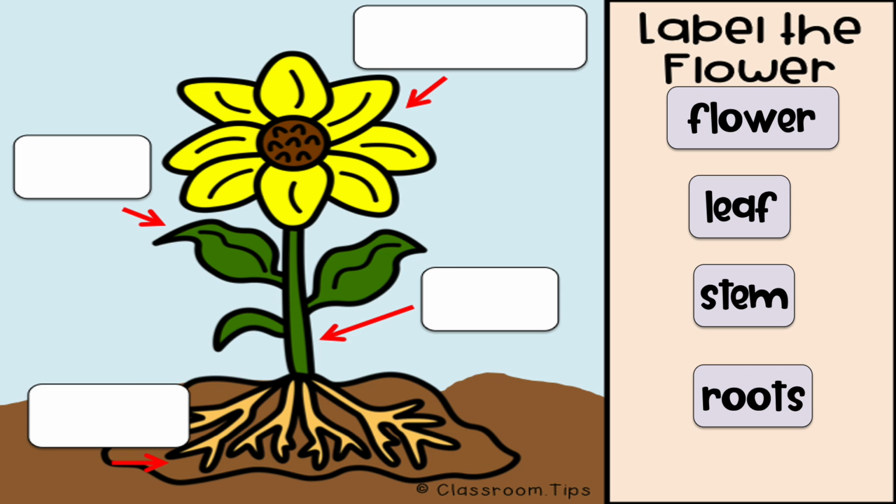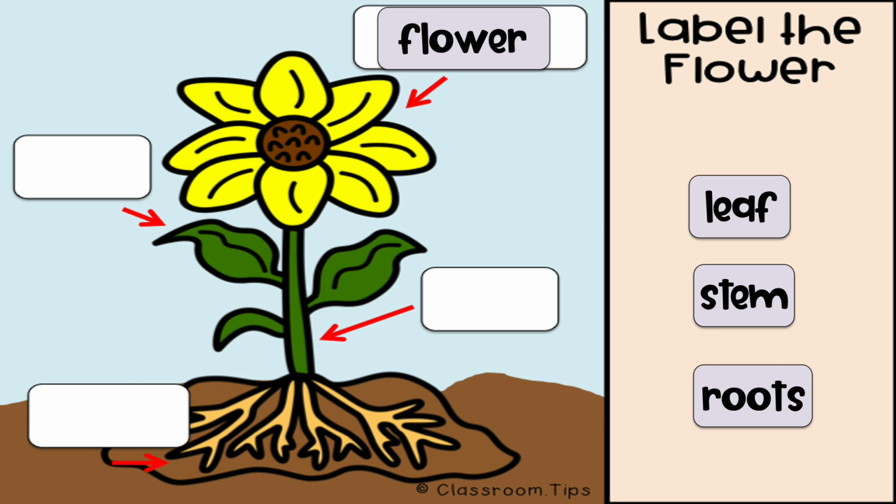Because I can't tell you what it is yet. Give you a hint, starts with an F. So if you guessed flower, awesome. So the flower is going to go in that first box.